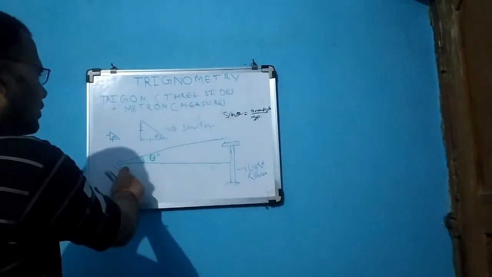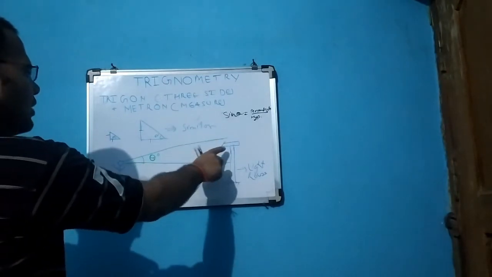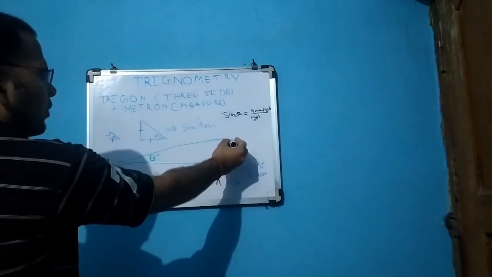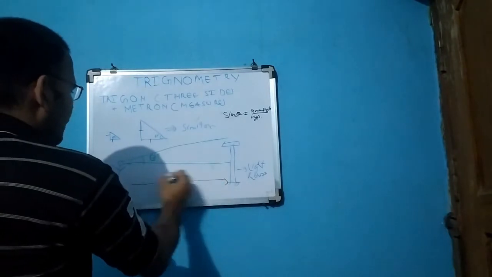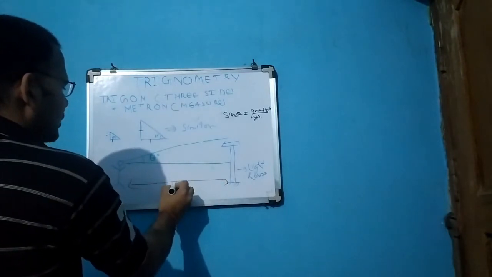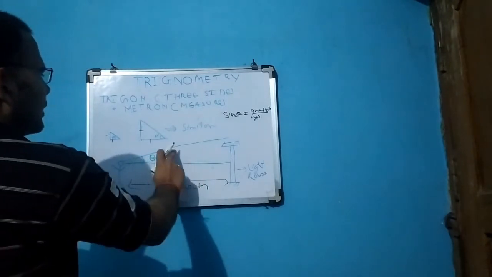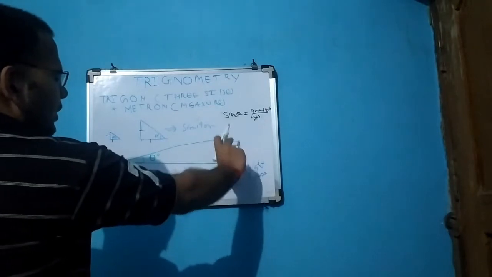Here an observer is watching a lighthouse. He can measure the angle between the base and the top of the lighthouse, and he knows the distance between him and the lighthouse. Suppose it is 50 miles. He can very easily measure the height of this lighthouse.